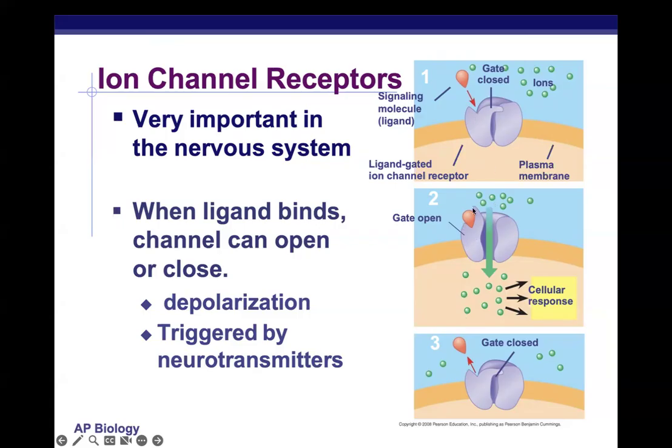Then when the signaling molecule degrades, the channel closes back up and prevents any more facilitated diffusion. This is an example of what happens in nerve cells with neurotransmitters, and we're going to learn more about that in our assignment today.